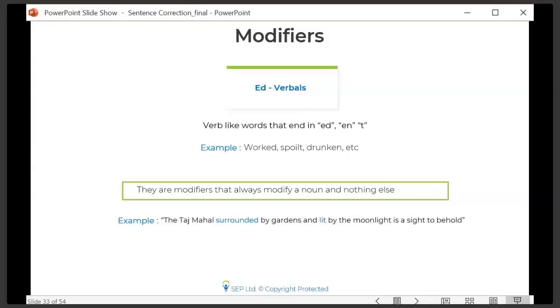All right, so let's see. Okay, so Sam says it's to be behold. Shrinkla and Anjali, you believe the verb is. Yes, I would like all of you to participate. So Nitish believes surrounded, lit, and behold. Okay, come on, guys. I want some more of you to answer up. It's a very simple question. I am simply asking you, which of the words in this sentence are verbs?